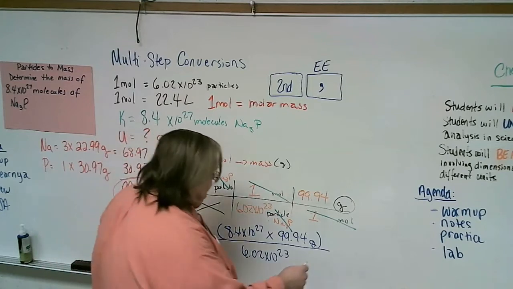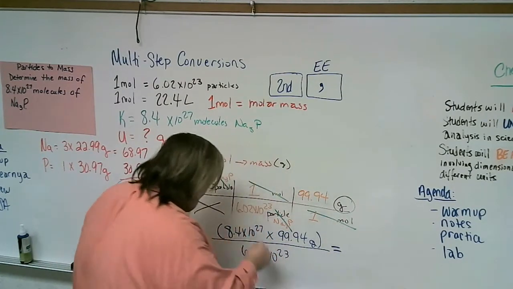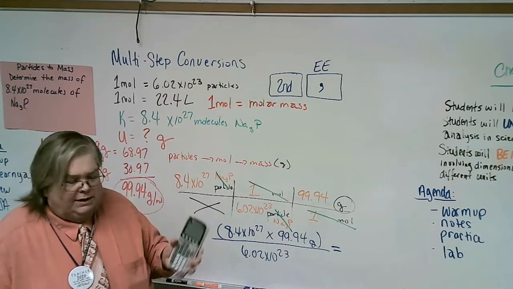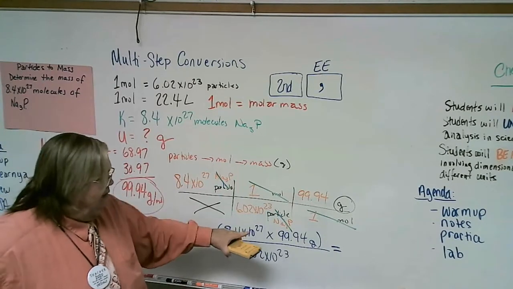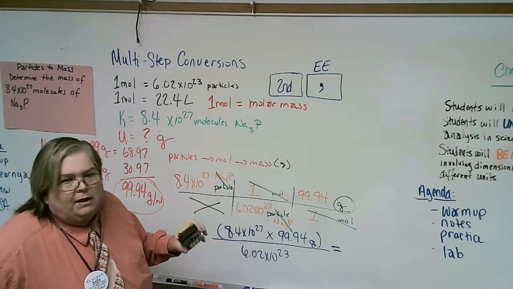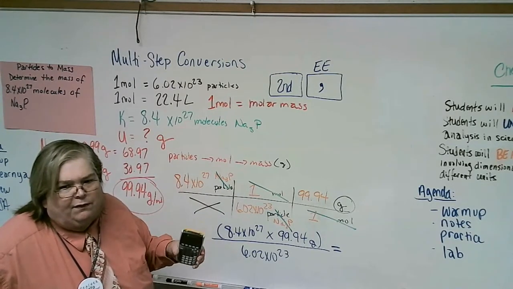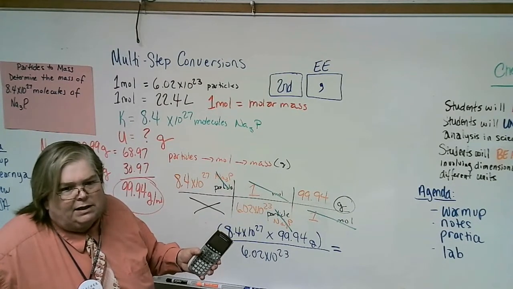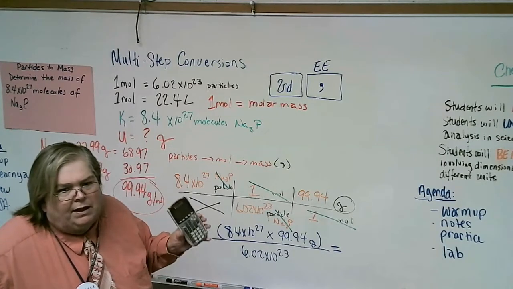Now it's time to work some calculator magic. In these calculators, when we do scientific notation like this, you can do 8.4 times 10 with the caret, but it does not necessarily work the right way all the time.